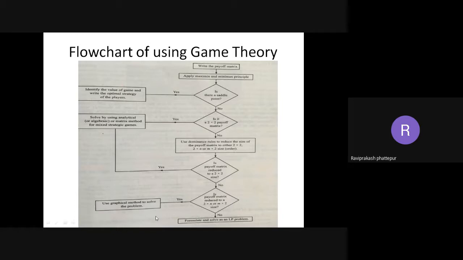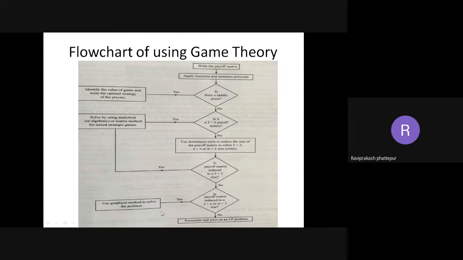If yes, use the graphical method to solve the problem. If no, formulate and solve the problem as an LP problem. LP means LPP, the first model you solved, linear programming problems. We have to make it into linear programming problem equations, then solve accordingly.